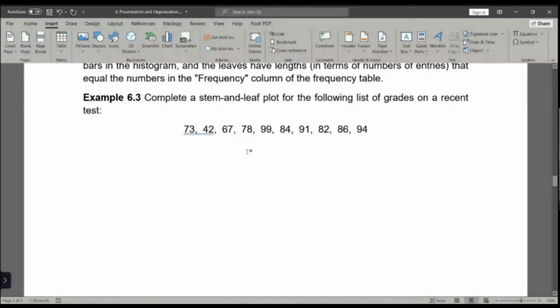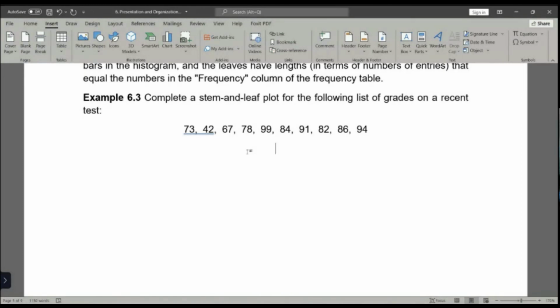Okay, the same as the box and whisker plot, we need to arrange our data in sequential order. So given these grades, kindly arrange this from lowest to highest.